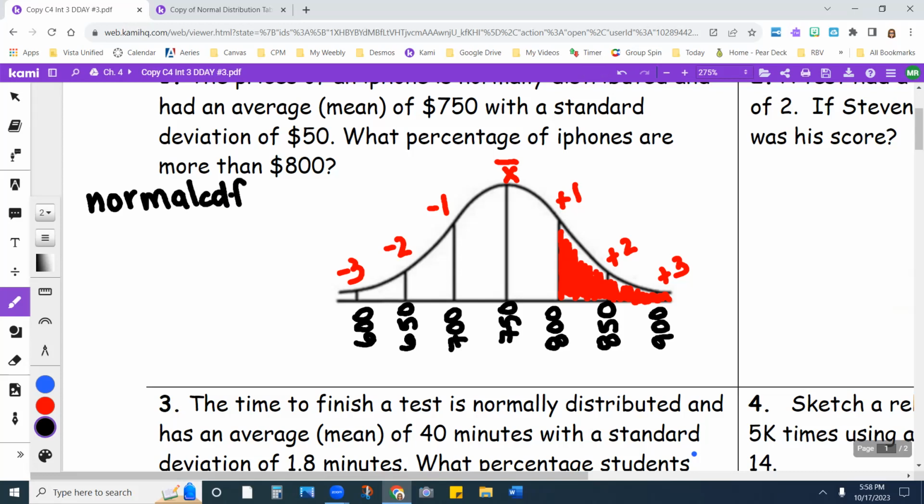We put in the lower bound, which is 800. The upper bound is positive infinity, which we type in as 10 to the 99. Our mean is 750, and our standard deviation is 50. And so I'm going to put that into my calculator.